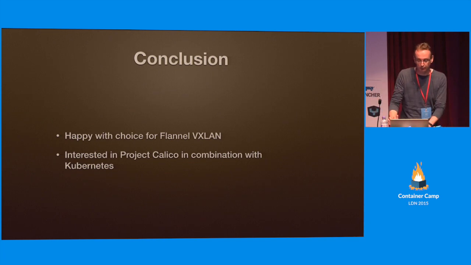For now, we are running Flannel VXLAN in production. It suits our needs for now, and we're happy with the low overhead, and it helps us to save money on hosting. However, we are interested in the other projects as well, and we are closely monitoring them.